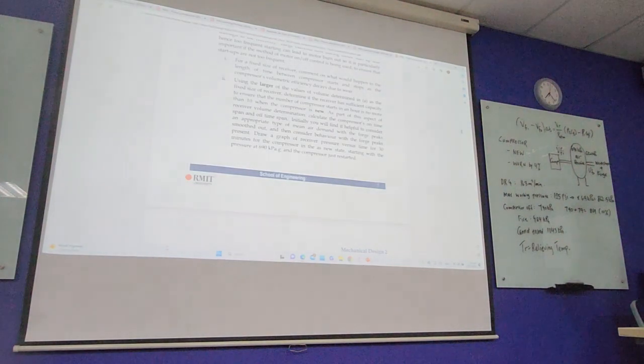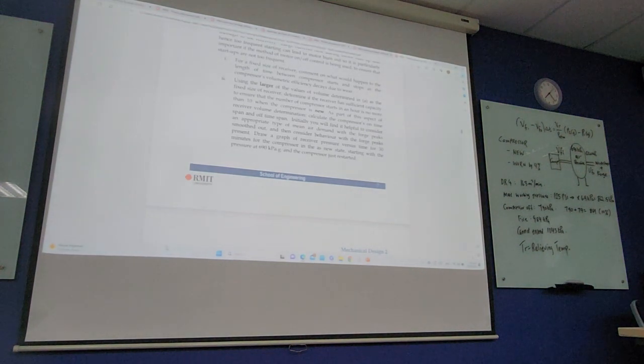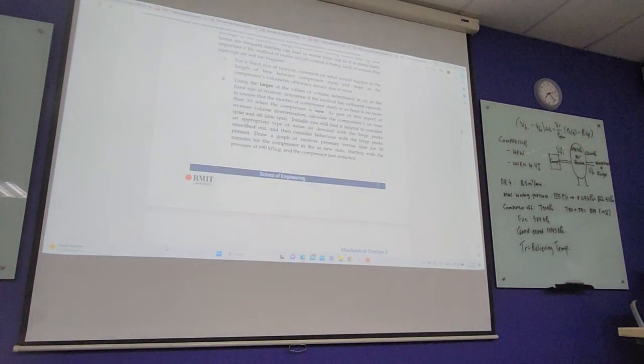Remember, what is your value? 333. Okay, what is it in meter cube per minute? 326, equal to 20.01 meter cube per minute, roughly 20.01. Of course, different people have different values, but 19 to 20 is acceptable.